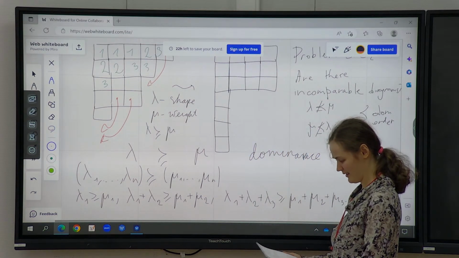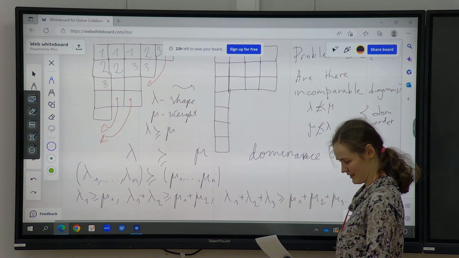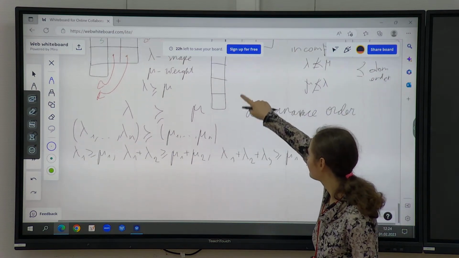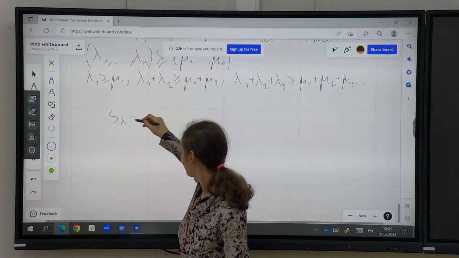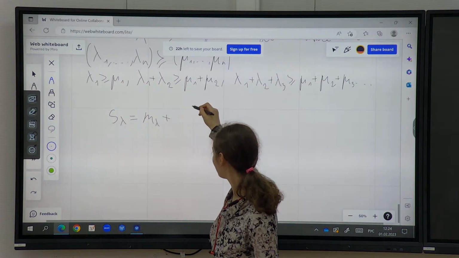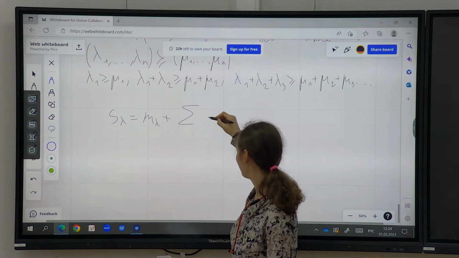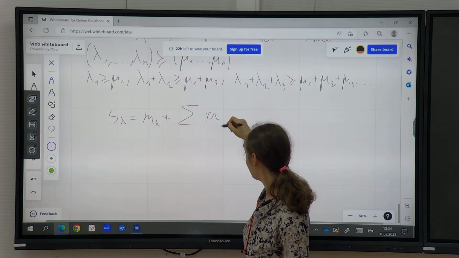And we obtain exactly this formula here: m lambda plus a sum of less terms.